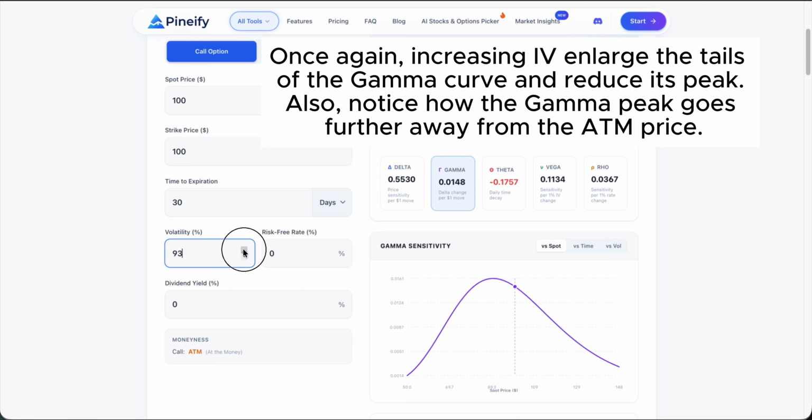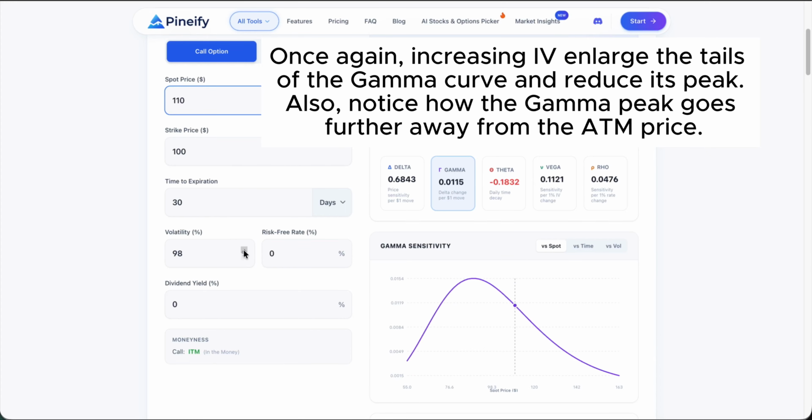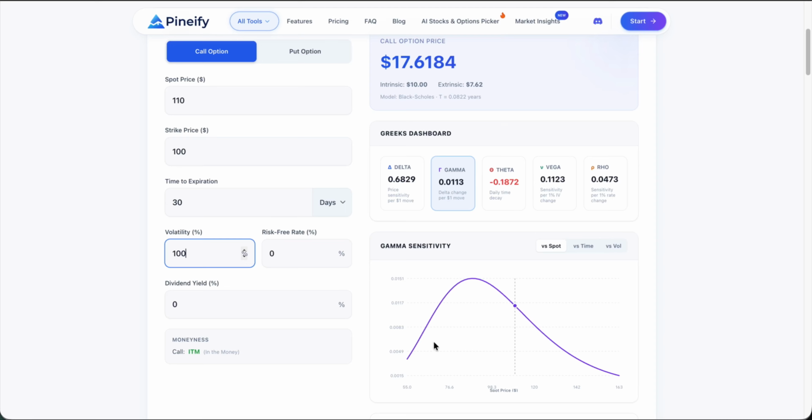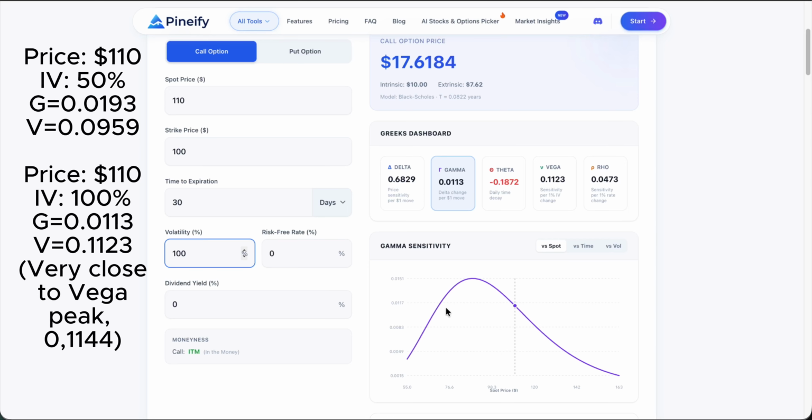You see here, and again let's put here 110. You'll see here that the graph of the gamma is no longer a peaky one, it is much flatter.